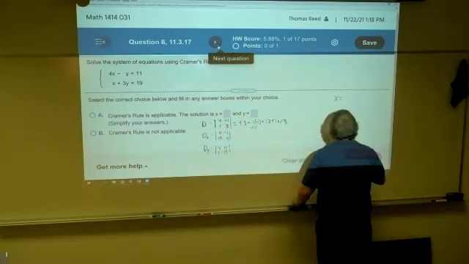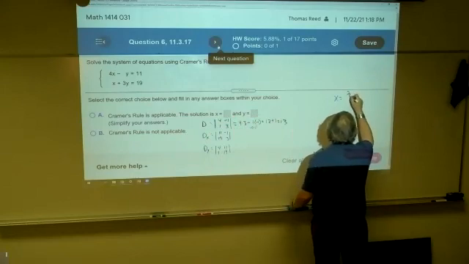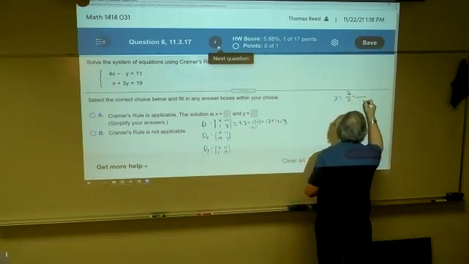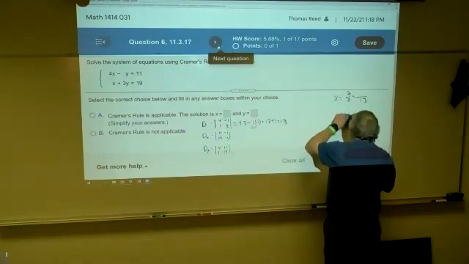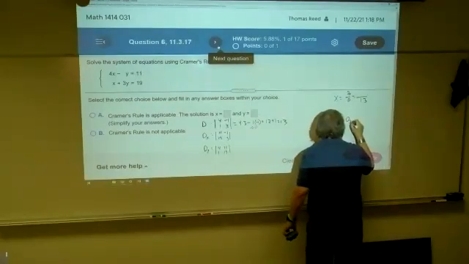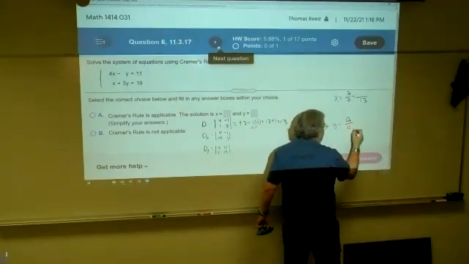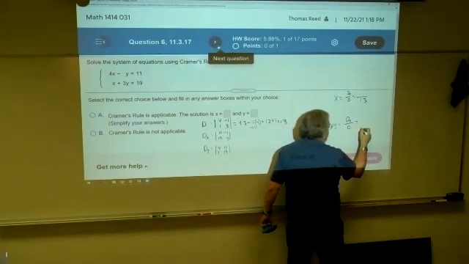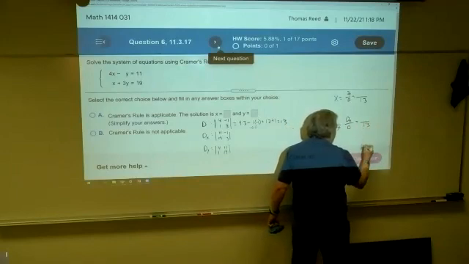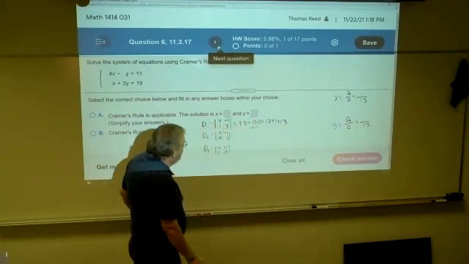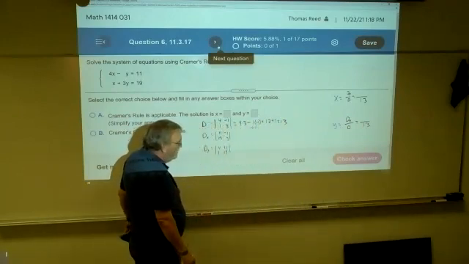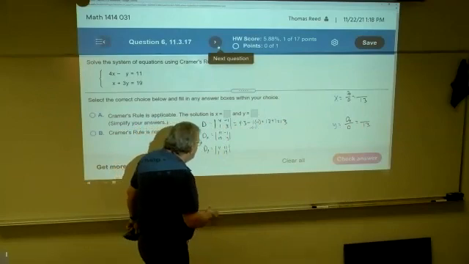So I know X is D sub X over D. So that's a 13 down here. And Y is D sub Y over D. And D is 13. So I already found 2 of my numbers, the denominators for those 2 fractions.